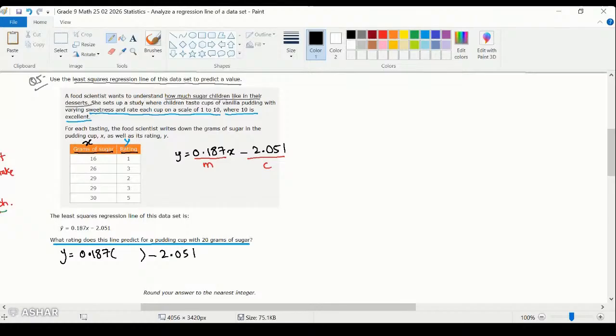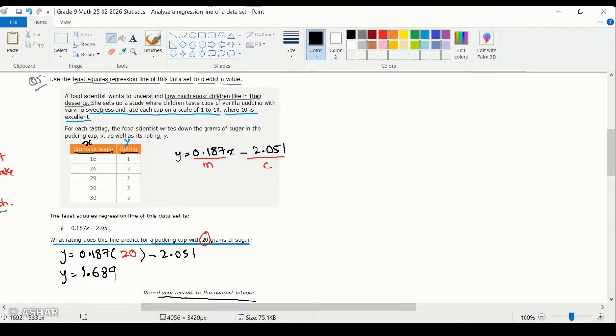For 20 grams, we substitute 20 over here, and the value of y will come out to be, when we multiply 0.187 by 20, it comes out to be 3.74 minus 2.051. The final answer comes out to be 1.689. We have to round our answer to the nearest integer.